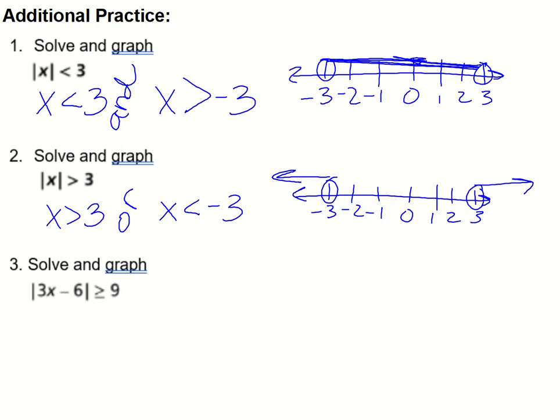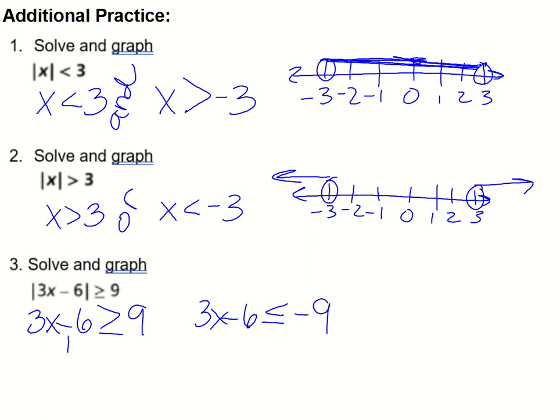Okay, so here's an absolute value that we will actually solve together. Okay, so I'll take my original version, greater than or equal to 9. There's 1. And then we always take the other version, right? So 3x minus 6. Flip this sign, make it its opposite, right? So we have to take the positive version and the negative version.